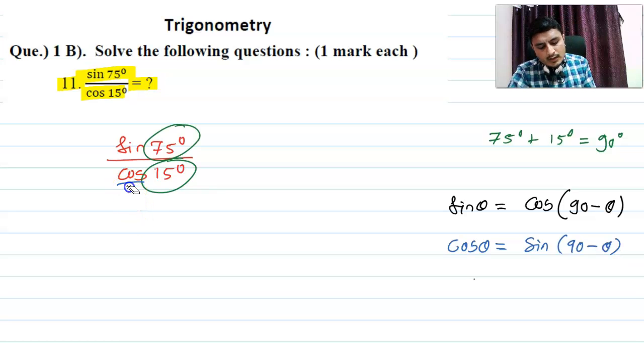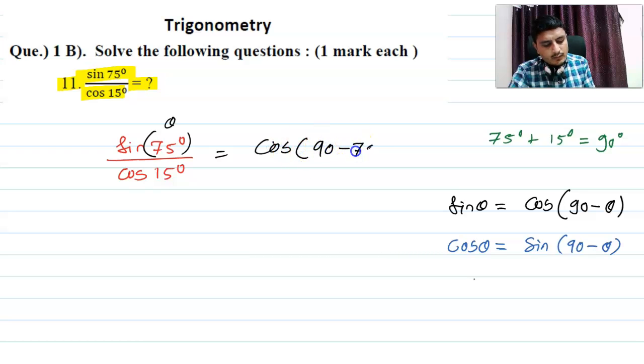So here we have to convert the sine in terms of the cosine, so we get sin theta, where theta value now is 75 degree. So sin theta equals cos of 90 minus theta, theta value 75, whole divided by cos 15 degree which remains as it is.